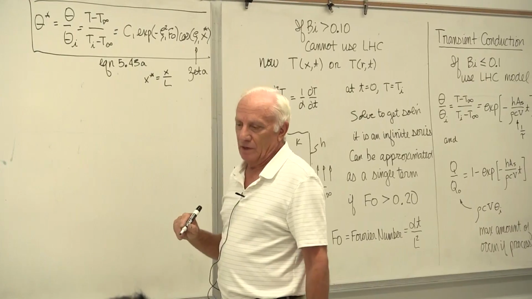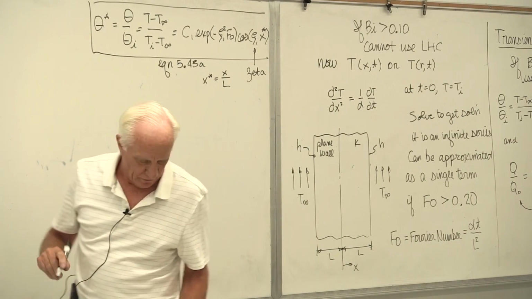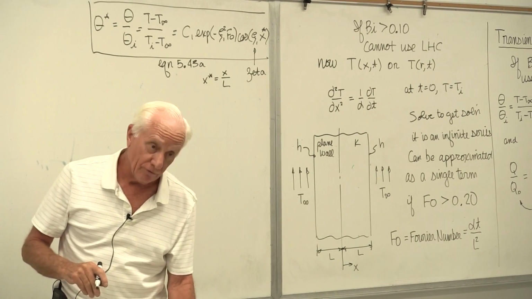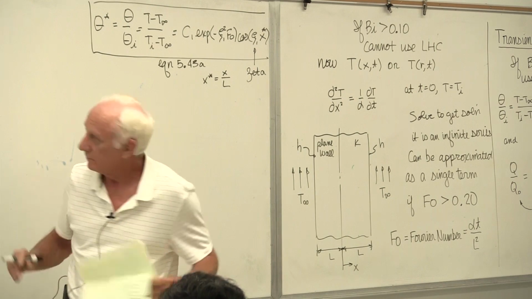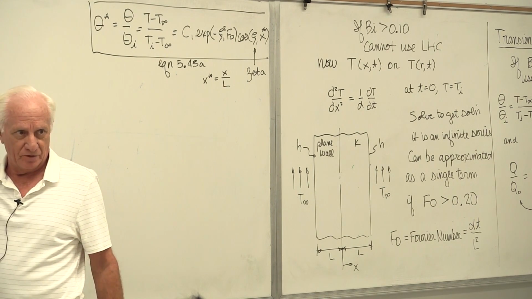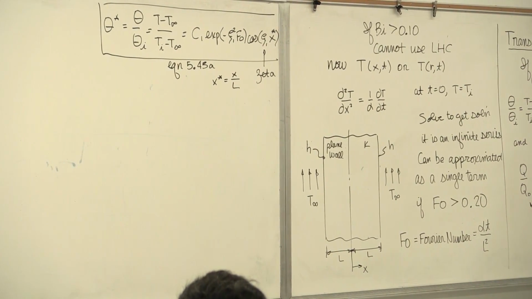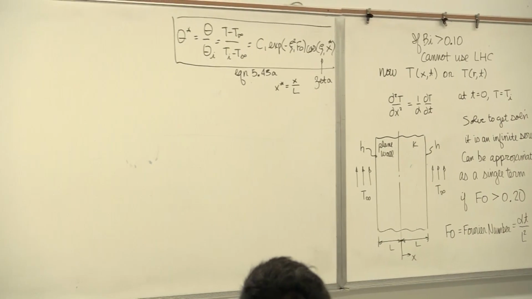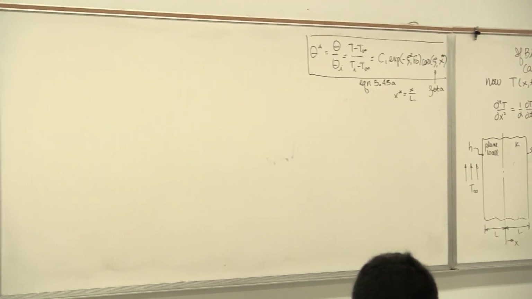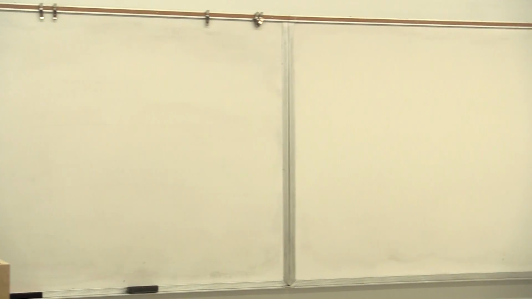What's C1 and zeta 1? They're constants. Where do they come from? Table 5.1. I'm going to put table 5.1 over there because I'm going to use it for an example problem later. This is the format of the table.